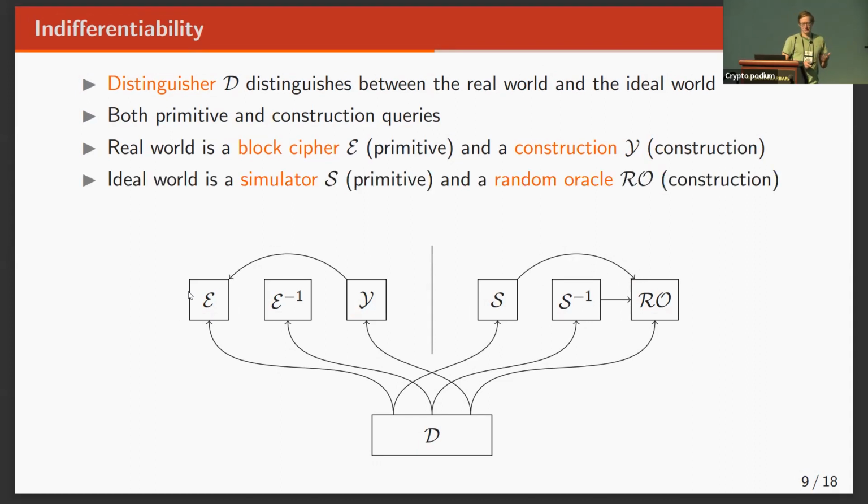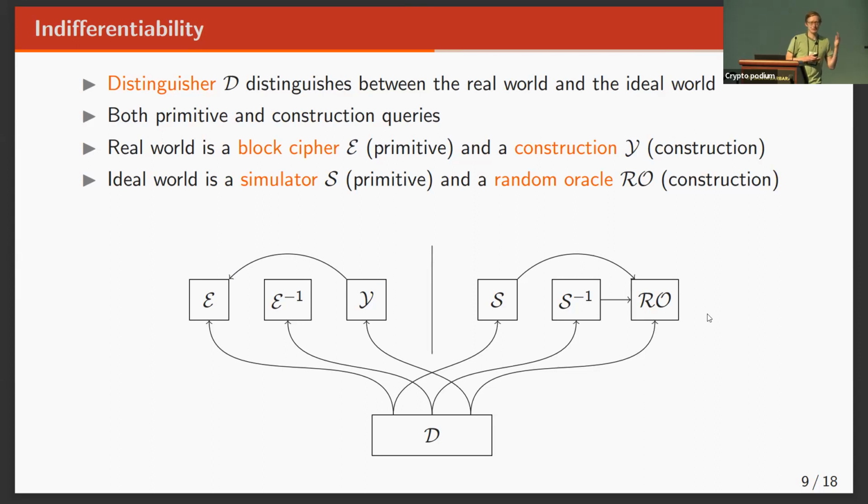And in the ideal world, what we want is that the construction behaves like a random oracle. So we put a random oracle there, but a random oracle doesn't really have a primitive, so we define a simulator for the primitive. What the simulator will simply do is basically always give random outputs, but it also has to behave like the primitive of the construction.